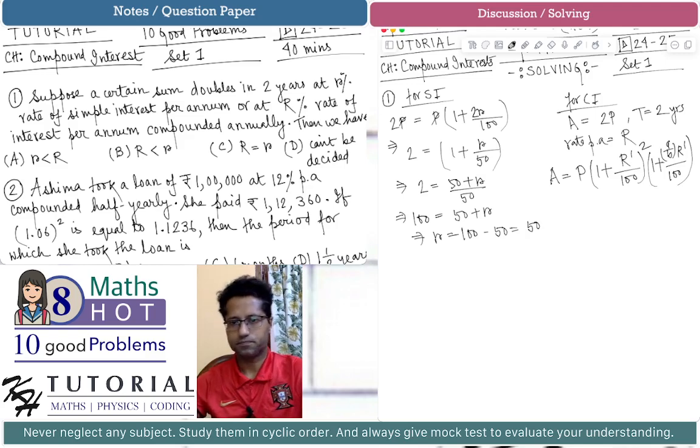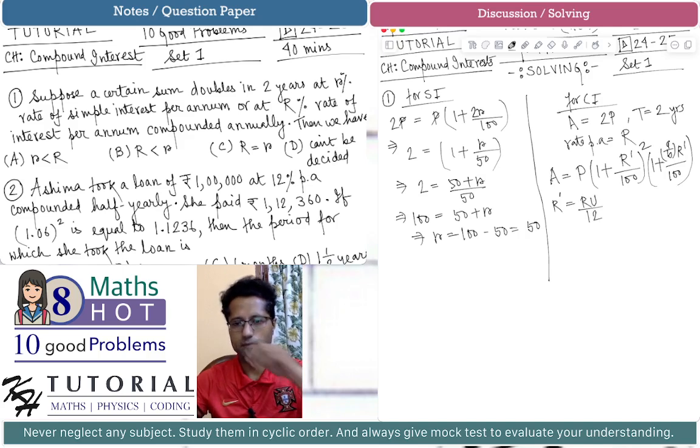But if I want to apply my general formula, then since the compound interest is compounding annually, as per my formula R dash is equal to R times u by 12, which is equal to R multiplied by u, compounded annually. So u must be 12 months, so 12 divided by 12. So R dash is equal to R.